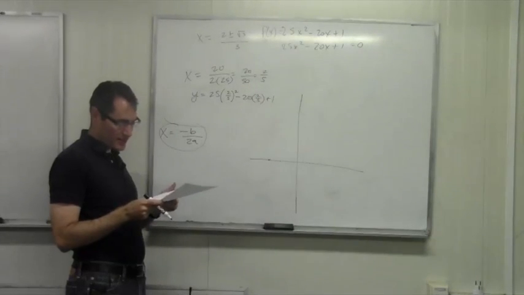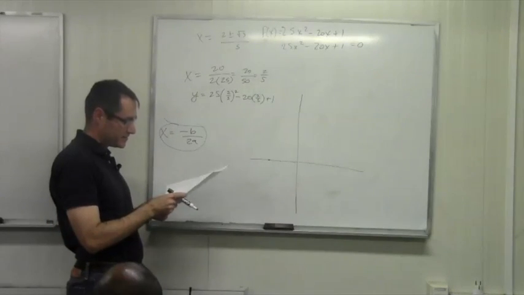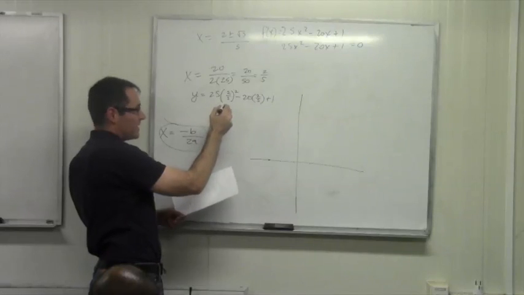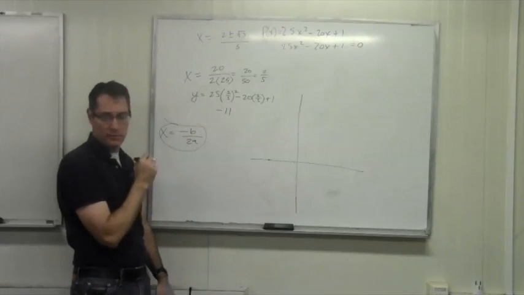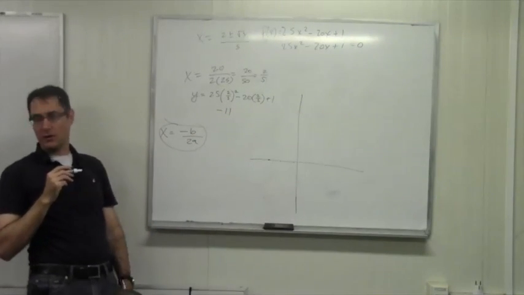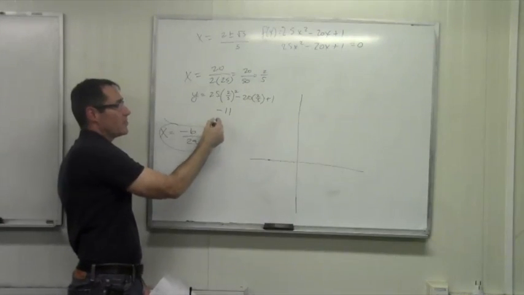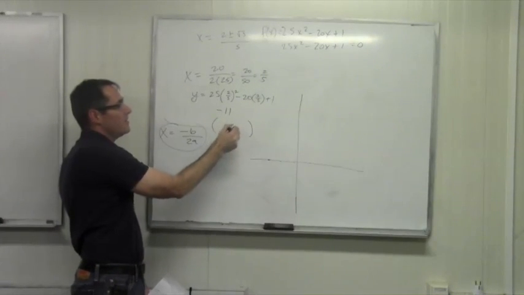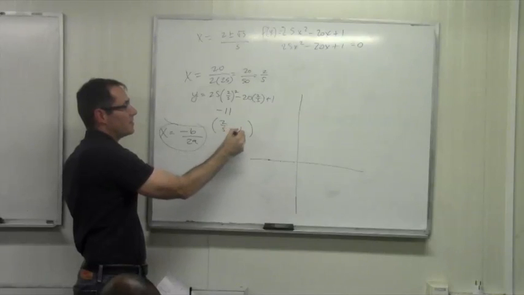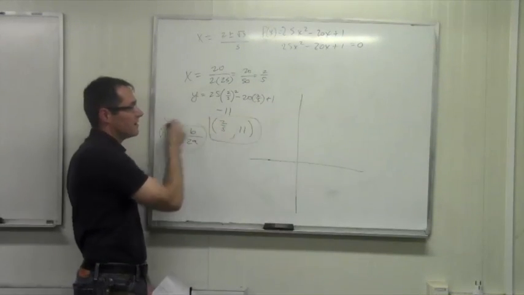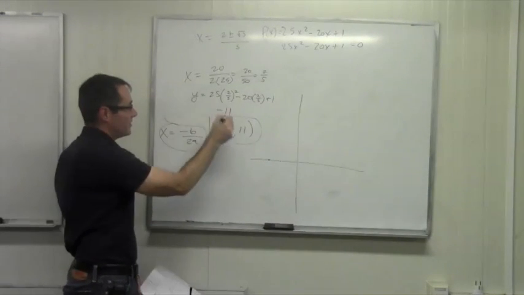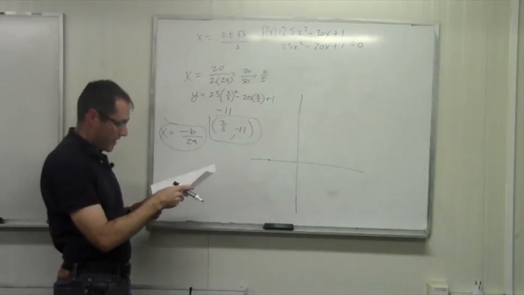OK? And that's going to give you the vertex. In fact, in this case, it's going to be negative 11 if you do all this out. OK? Negative 11. So your vertex is going to be 2 points. Sorry, 1 point. 2/5, negative 11. Thank you. OK?